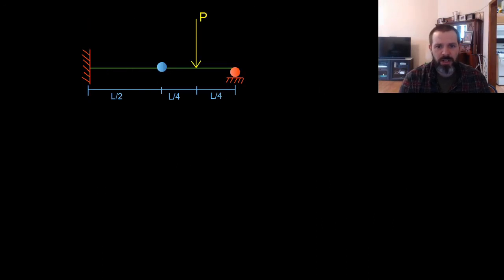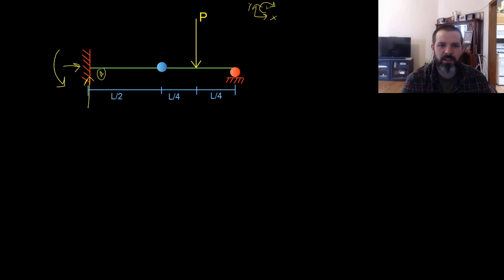So here we have a fixed support on one side and a roller support on the other side. So a fixed support, we go back, put the sign convention in, gives us axial, shear, and moment reactions, or a force.